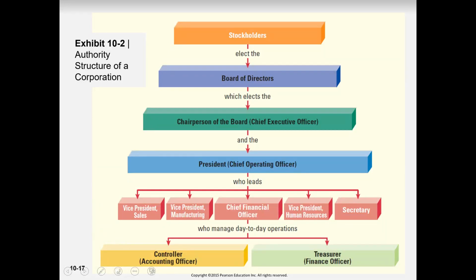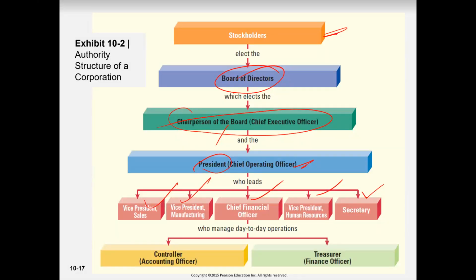So what is the hierarchy here? First of all, the owners elect the board of directors. The board of directors elects the CEO, who is responsible for guiding the direction of the company, and then he elects the presidents of every department: sales, manufacturing, finance, human resource, and a secretary who manages all the affairs of the CEO.